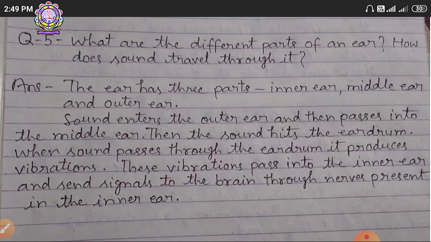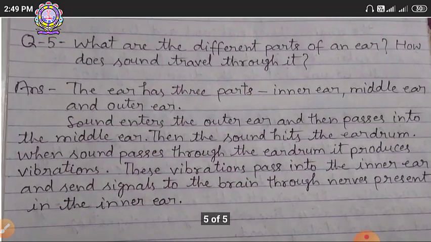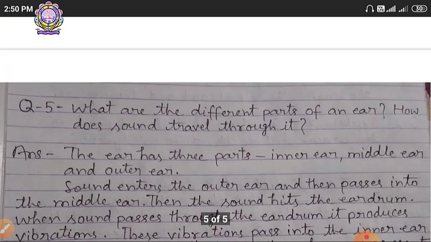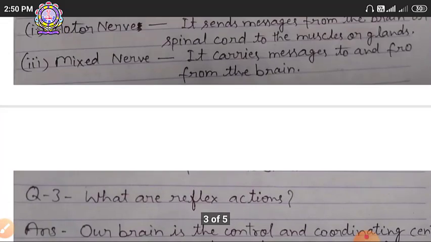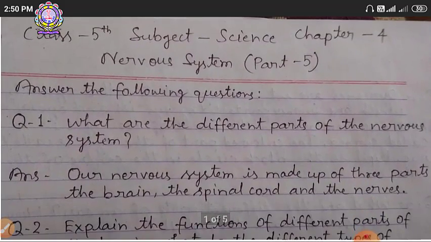Students, take the screenshot of this question answer so that you can write it on your notebook. Okay, let's start from the first page and take the screenshot. This is your first page.